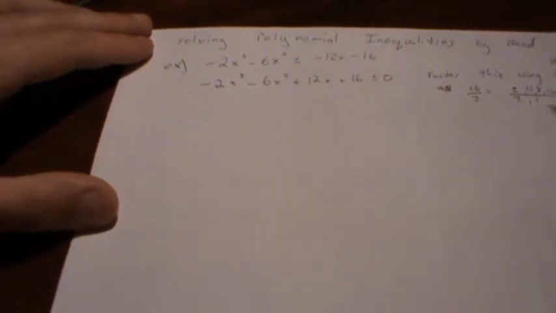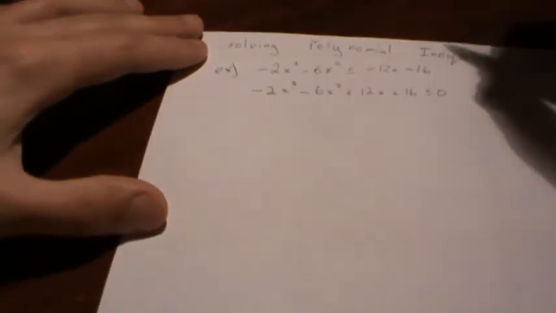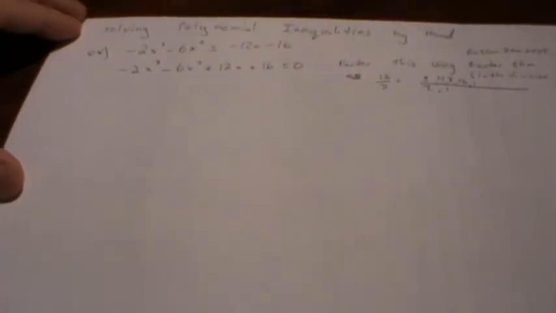So again, I'll try 1 and negative 1 to start with. Oh, sorry, maybe you didn't see my roots over here. 2, 4, 16, 8, 1, things like that. Okay?